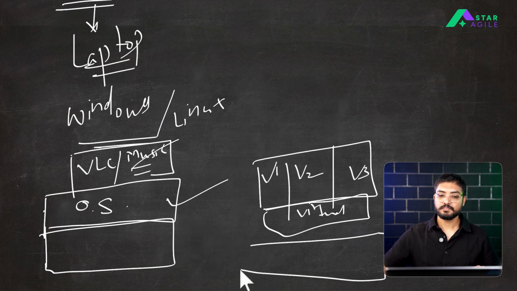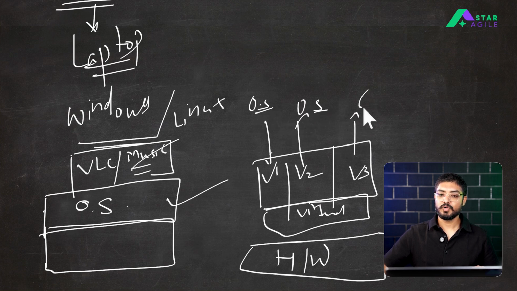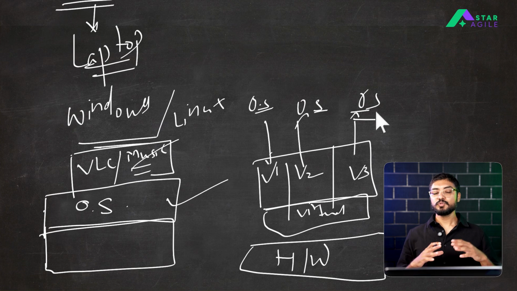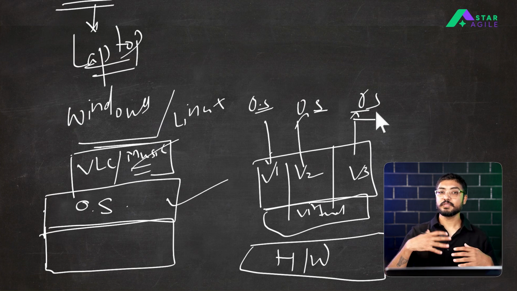This is my hardware. Okay, and in this virtual machine, I can have Linux OS. In this one I can have Windows OS. In this one I can have Mac OS. So I can use multiple OSs on top of a single machine with the help of the virtualization layer.